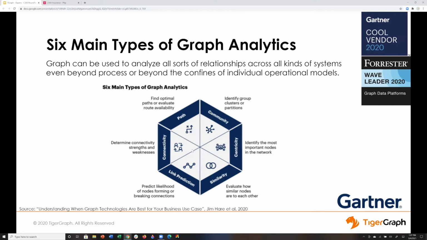And then we have connectivity, determining the connectivity strengths and weaknesses that are part of that network of influences that impact a consumer experience. My takeaway from this is that Gartner has really helped us understand the power of graph analytics that can define relationships and then operationalize it in ways that go beyond what we've seen in the past. Very, very powerful story here. Next slide, please.